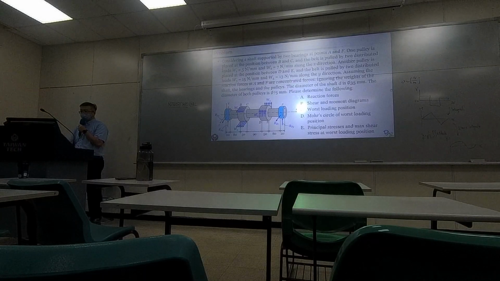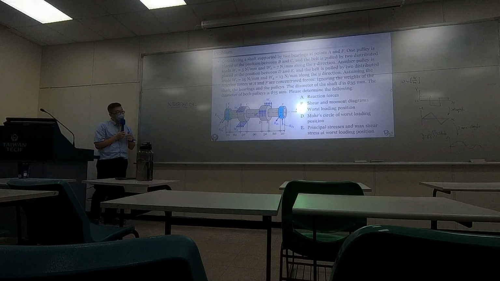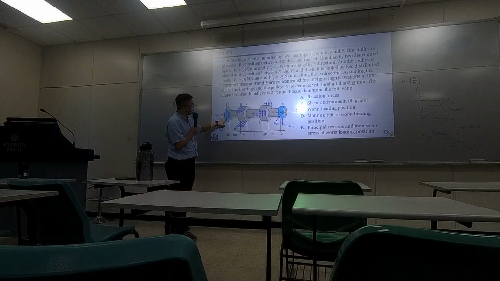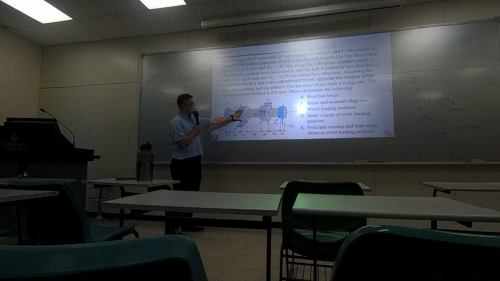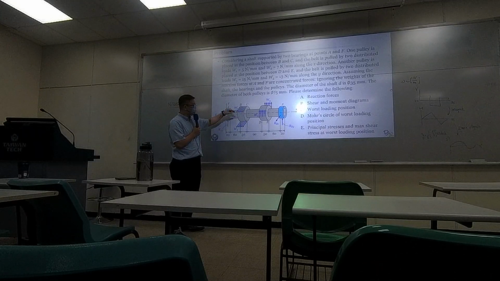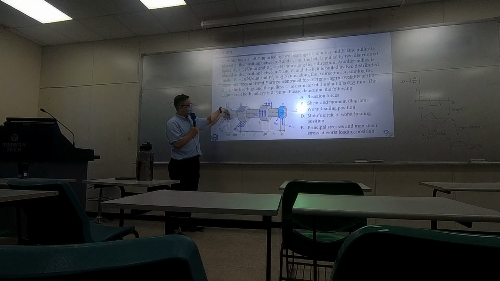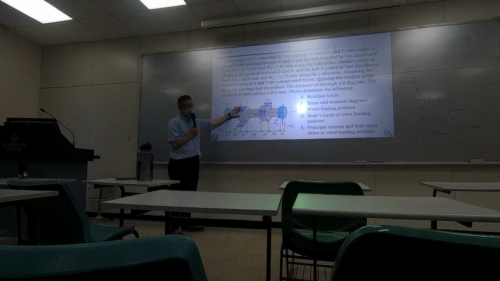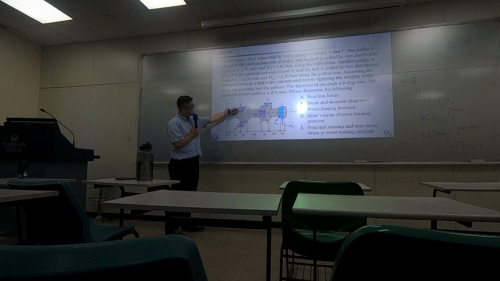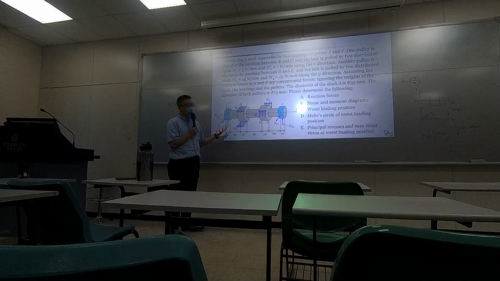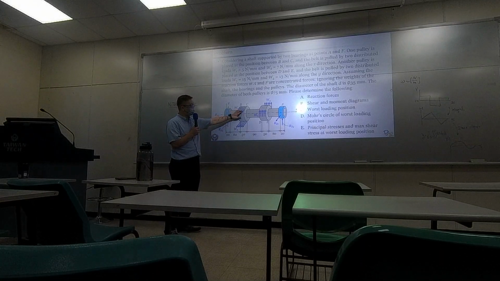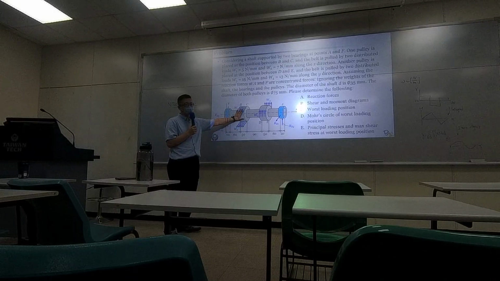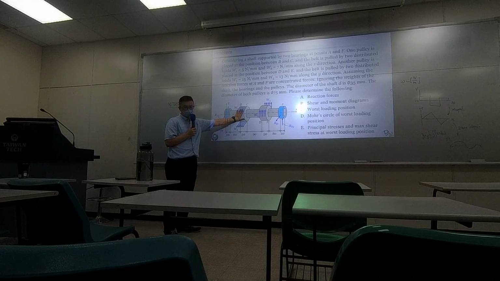Okay, this problem. So what is this? There's a bearing on this edge, another bearing on this edge, and there are two pulleys with some belts. Later on, when we learn about pulleys and belts, you will know the tension force on both sides of the pulley will be different.